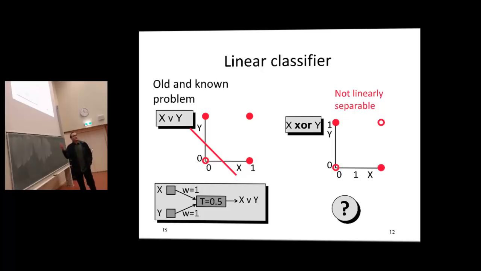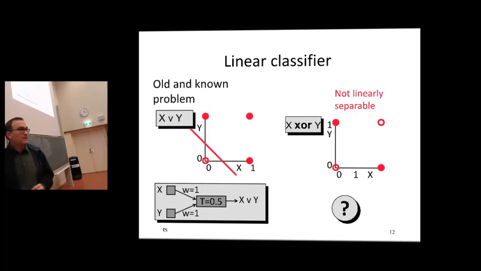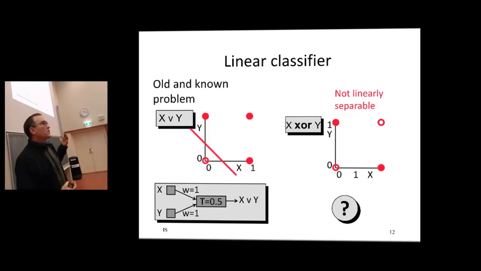The negative result at the time was that those things can learn specific logical operators, such as OR, but they will never be able to learn others, such as the exclusive OR. So that's a result that goes back quite a long time, and it shows you that not for all problems and not for all data will you be able to find linear classifiers.